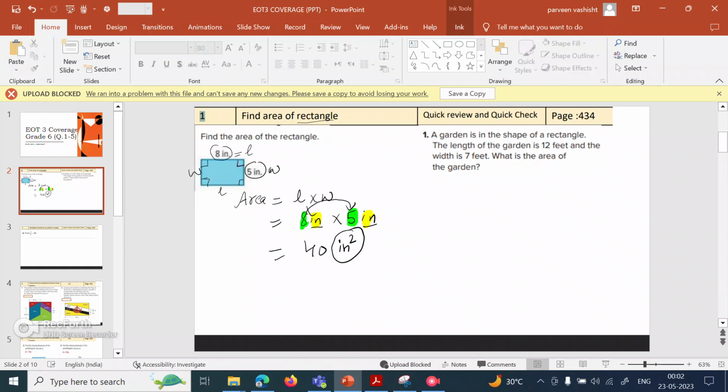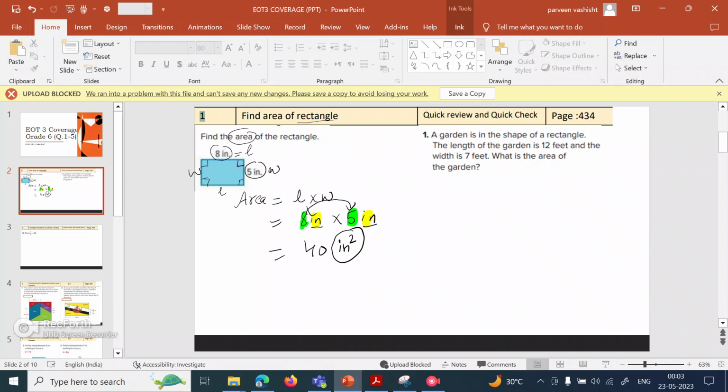The unit of area is the square unit, so don't forget to put your unit in the end.